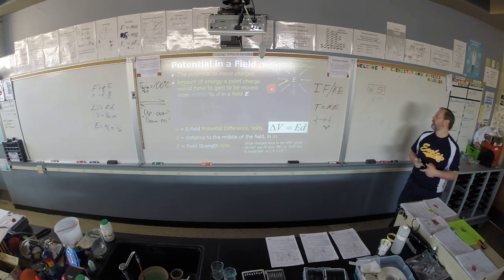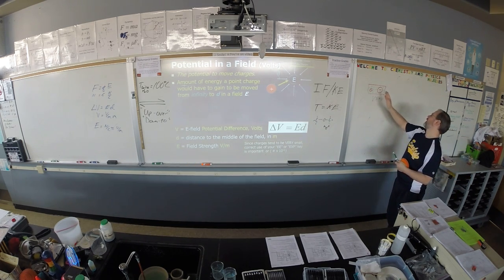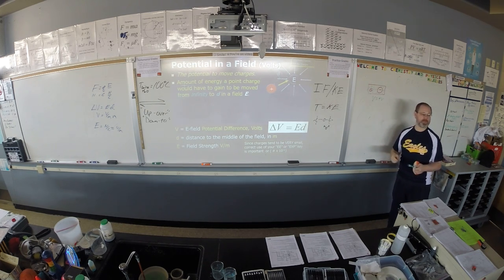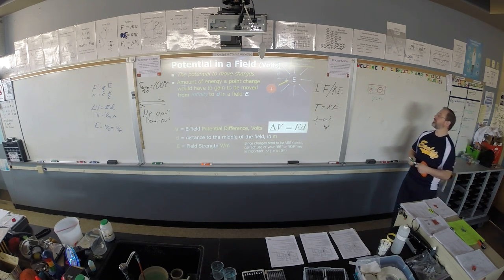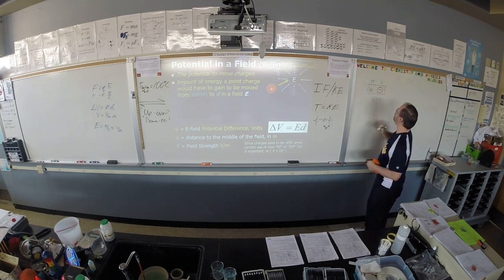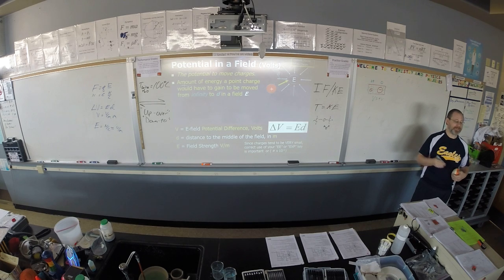So you could ask, what is the electric field from any point in here? If I know the potential is 9 volts, I'm going to say the positive is +9 and the negative is 0. I could say the positive is 0 and the negative is -9. But when you have a 9-volt battery, that means the difference in potential from the high to the low is 9 units of potential.